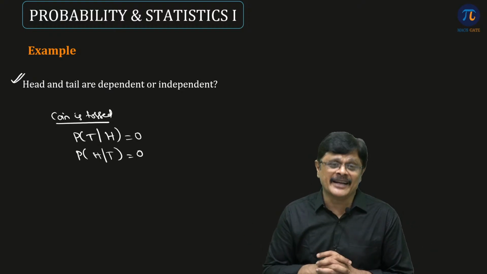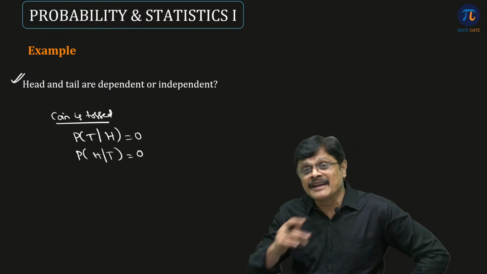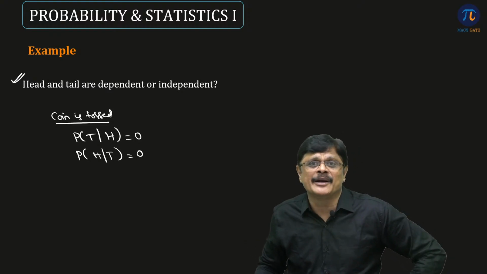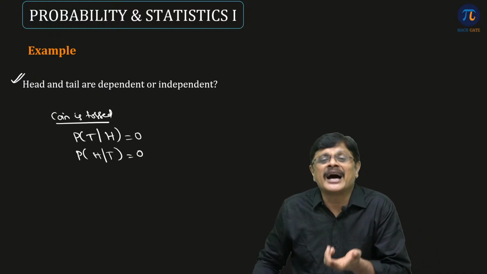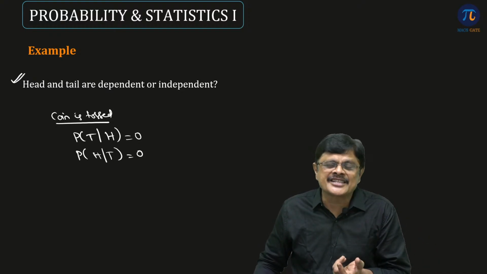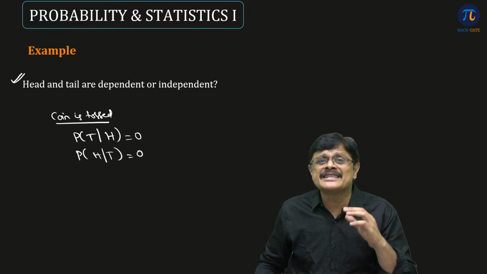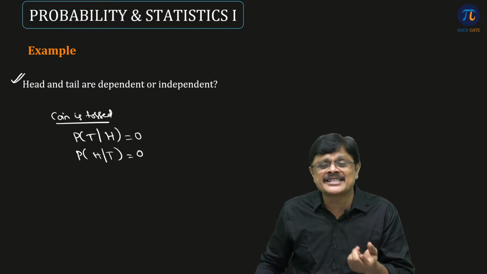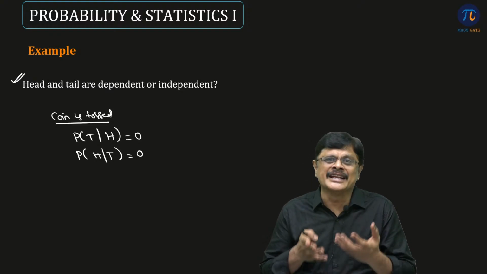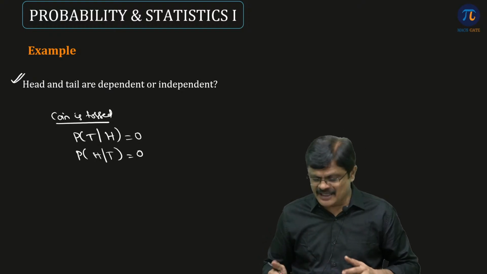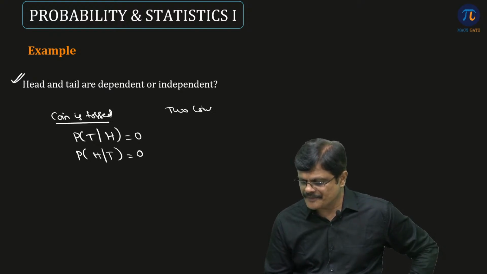So they are dependent. See my dear friends, generally people always ask me, sir, are the events dependent or independent? I can create a situation where the same events are dependent. I can create another situation where the same events are independent also. See, dependency or independency of the events depends on the situation. For example, a single coin is tossed, in that head and tail are dependent. Suppose two coins are tossed.